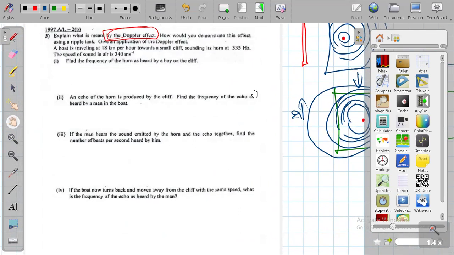Give an application of the Doppler effect. You can apply this method in many ways, but one very important use is identifying the speed of vehicles, like in police radar guns and sports radar guns to determine the speed of a cricket ball.